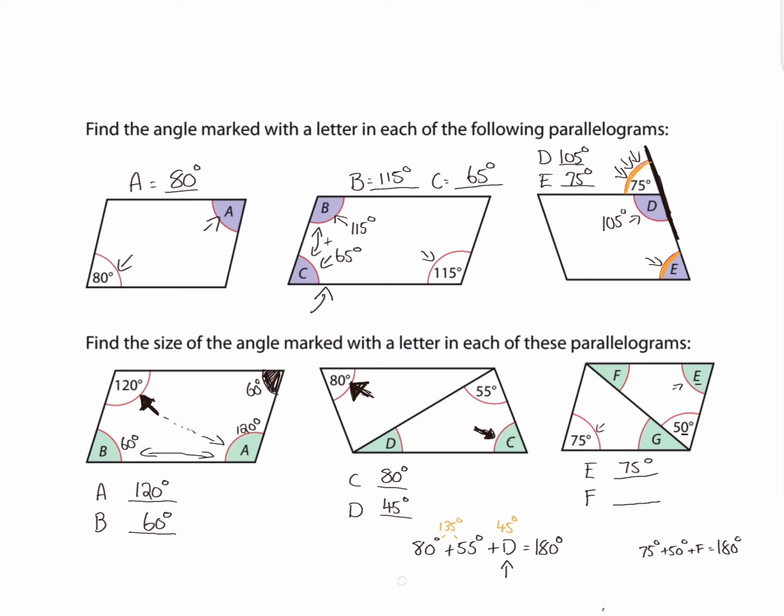So what is F? Well, 75 plus 50 is 125, correct? So what is the difference between 125 and 180? It is 55. I'm doing these in my head, so I'm a little bit slower.